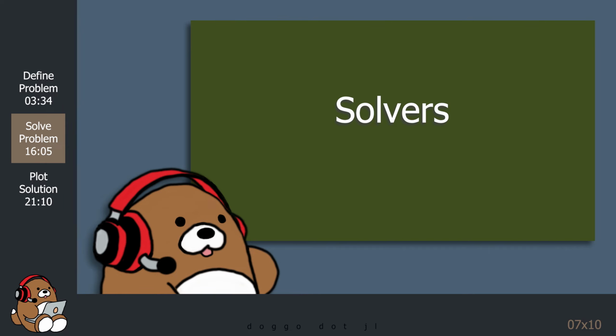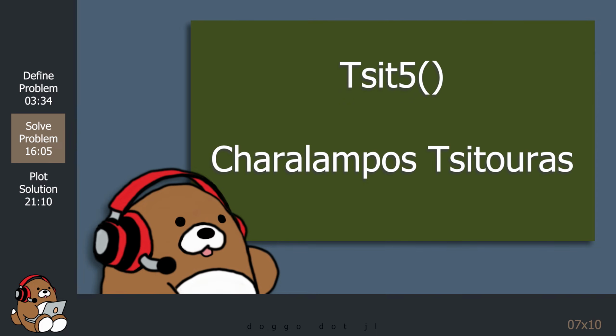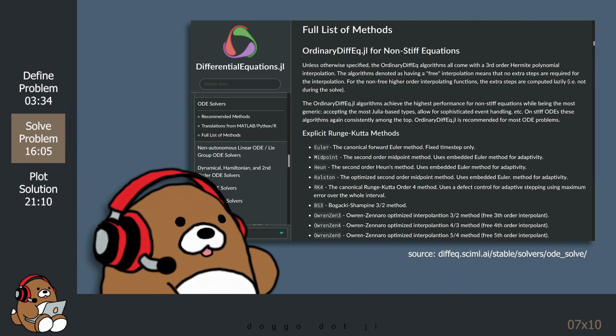If you don't specify a solver, the package will automatically select one for you based on the type of problem that you're trying to solve. A commonly used solver is called CVODE, named after the mathematician Charalampos Tsitouras. Apologies for my pronunciation. You can find a list of all of the available solvers in the DifferentialEquations.jl package documentation.